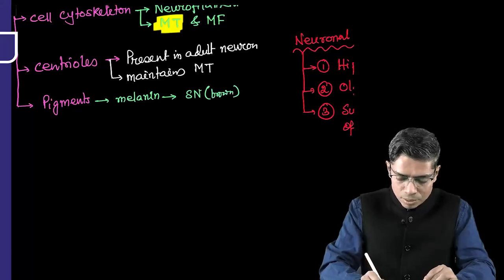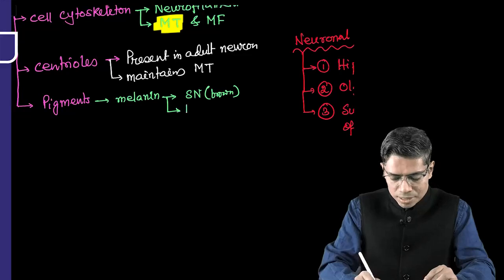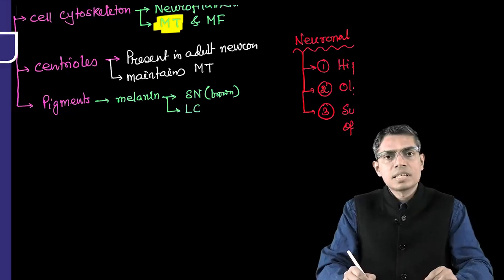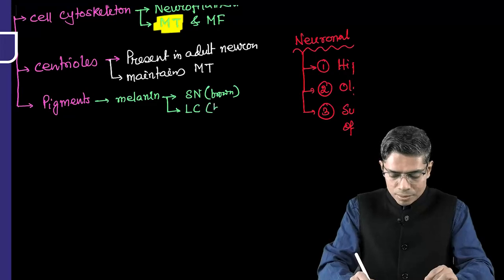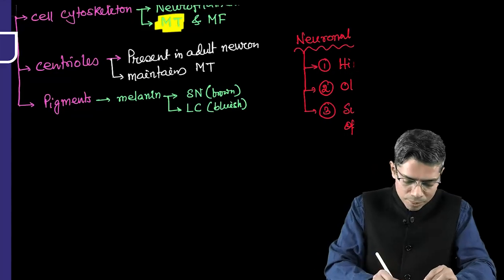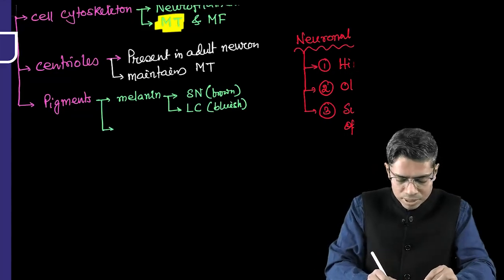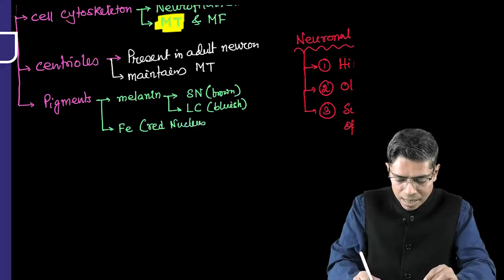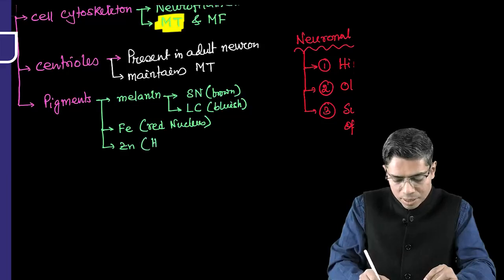Melanin is also present in the locus coeruleus nucleus, because of which it looks bluish in color. Apart from that, remember that a huge amount of iron is present in the red nucleus, and a huge amount of zinc is present in the hippocampus.